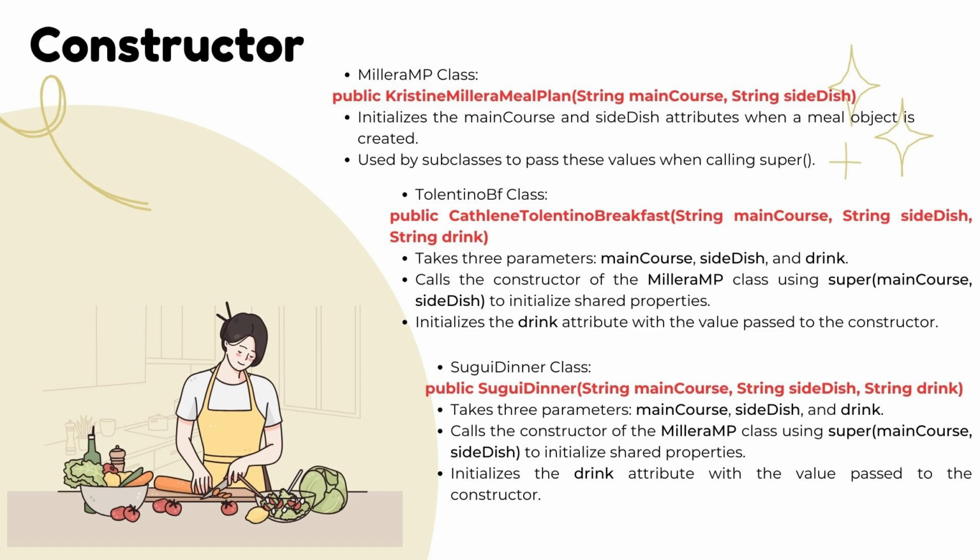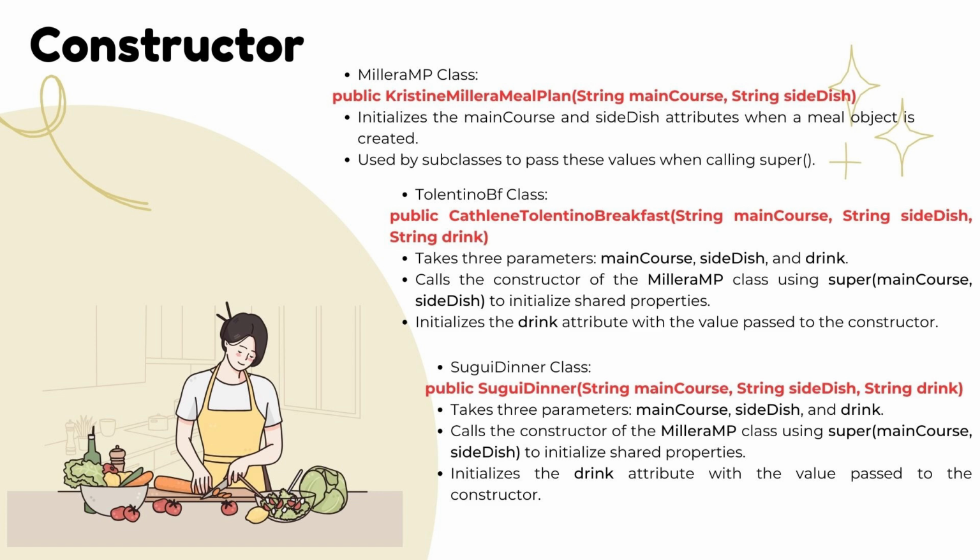Then it initializes the drink attribute with the value passed to the constructor. This means that every time we create a new Tolentino BF object, we can specify not only the main course and side dish, but also the drink that goes with it.